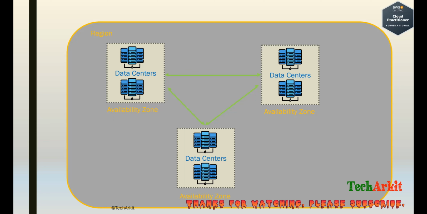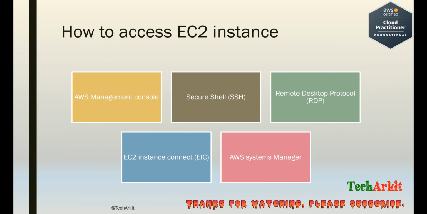This is just one region. You can select a resource in that particular region, and you can select any region based on your requirements and use cases. So this is a simple region setup and how it looks.